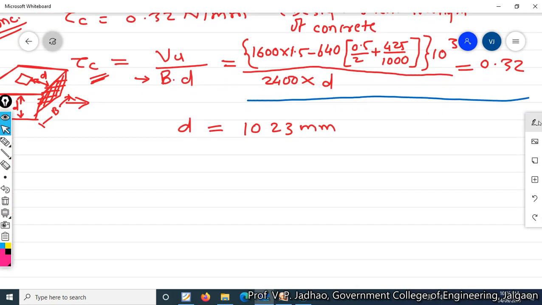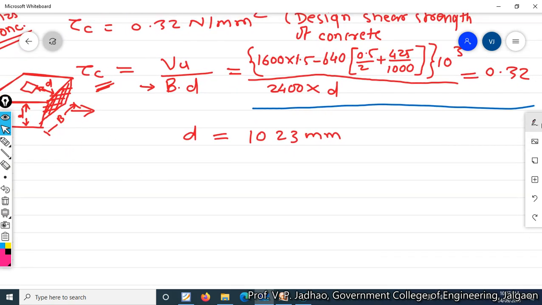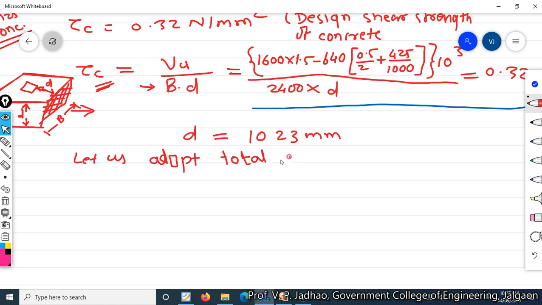1223 mm. Let us adopt total depth, capital D for footing, equal to 1100 mm.